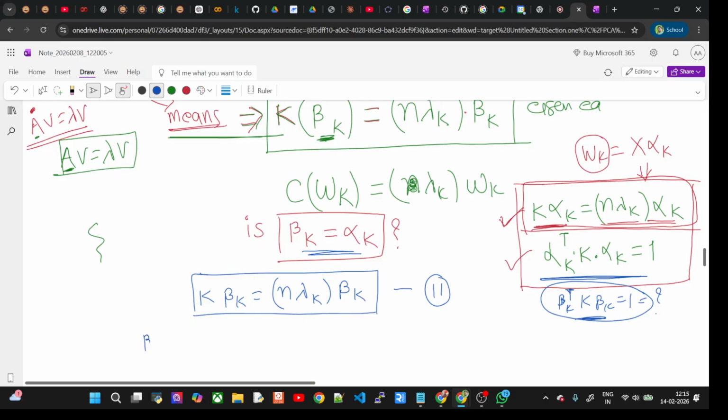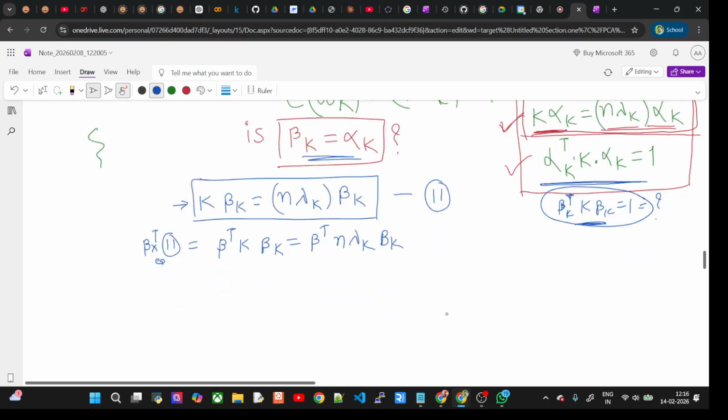I am just multiplying beta k with that equation. Beta k, K into beta k, and the same way, beta k n lambda k beta k. I'm just simply multiplying, not doing anything different. I'll write here: multiply beta k to equation 11.